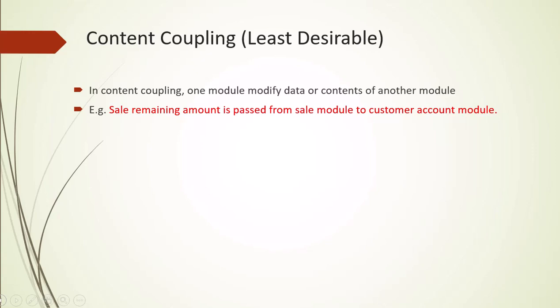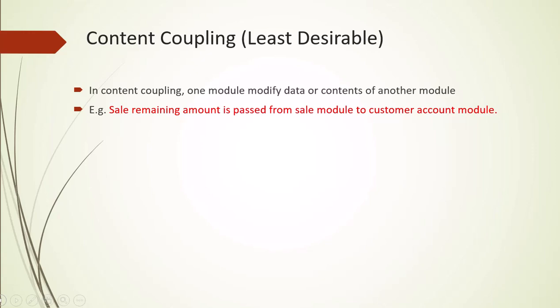Content coupling, which is the least desirable. Why is it the least desirable? Because in content coupling, one module modifies the data of another module. One module goes and starts modifying the data of another module. For example, the sale remaining amount is passed from the sale module to the customer account module.